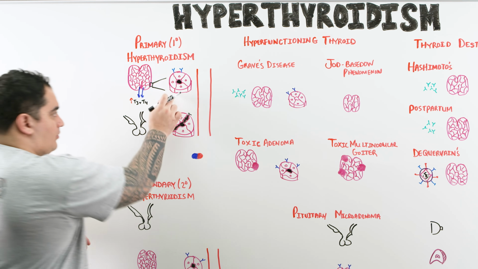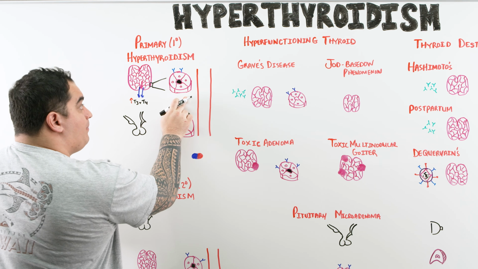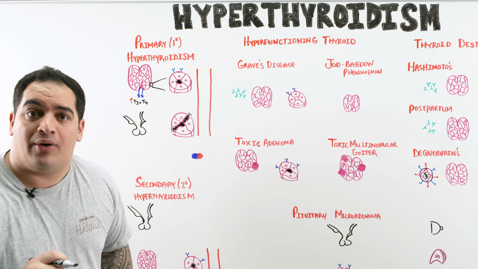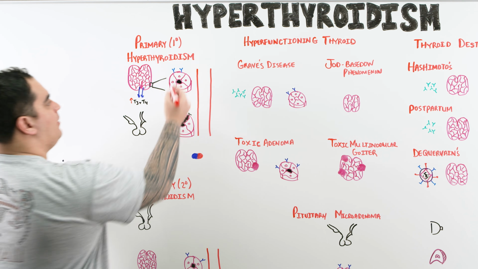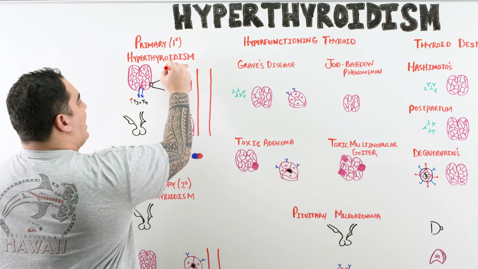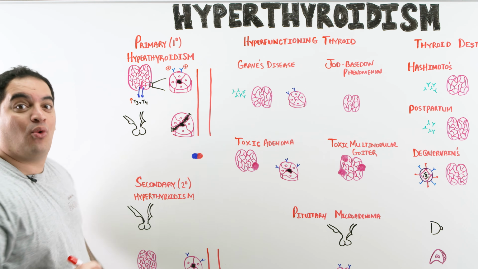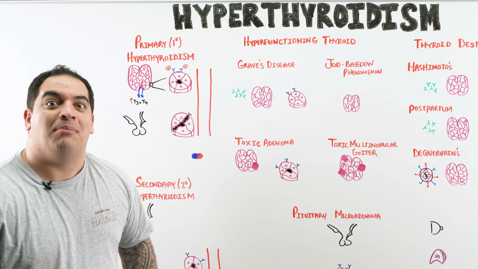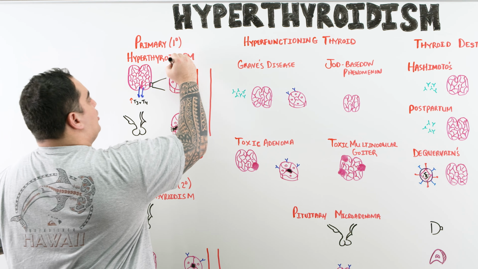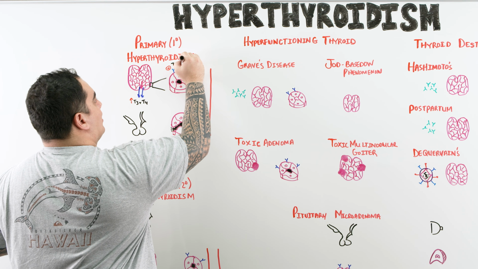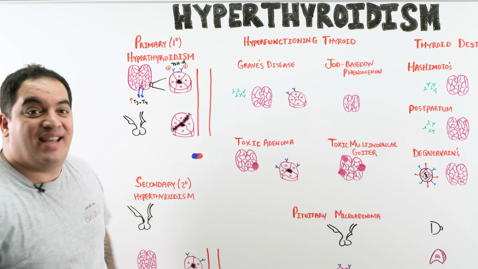One is that these thyroid follicles, which are the structural and functional unit of the thyroid gland, are hyperfunctioning. Maybe there's two reasons behind it. One is they could have hyperactive TSH receptors, or they could have their TSH receptors being stimulated by something, and we'll talk about what that something is. But usually the primary process here is the stimulation of the TSH receptors.